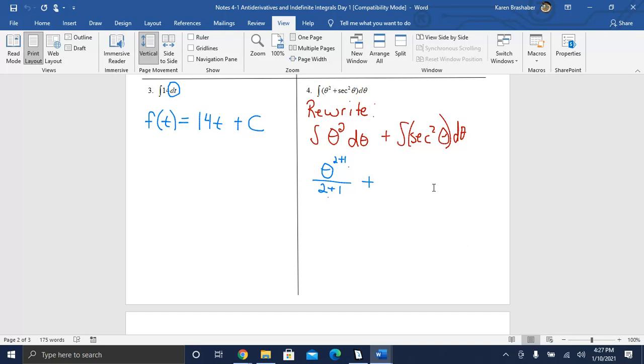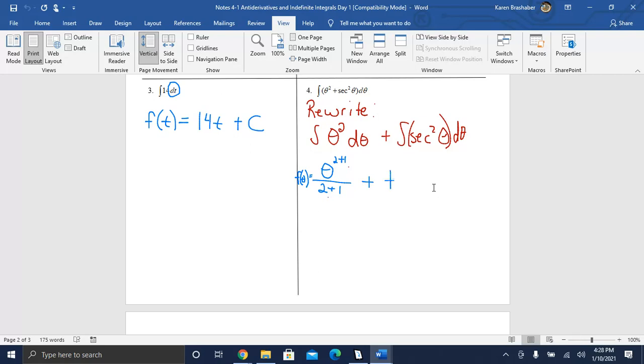So that would be theta to the 2 plus 1 power over 2 plus 1 plus, and then our derivative, and this could be f of theta. And you don't always have to put that. I don't always have it, but it is a good little habit. And then for the secant squared of theta, the antiderivative of secant squared, so you have to think, what has a derivative of secant squared?